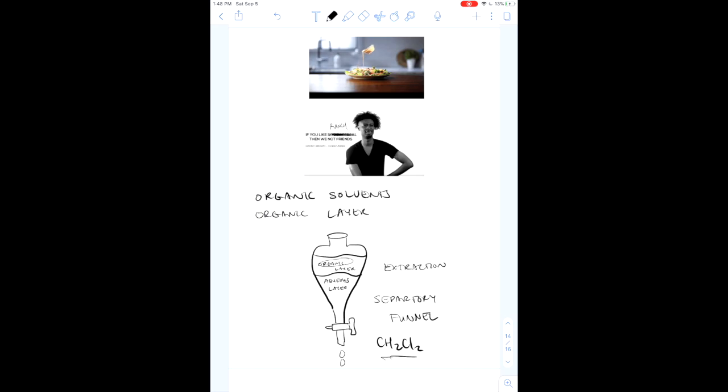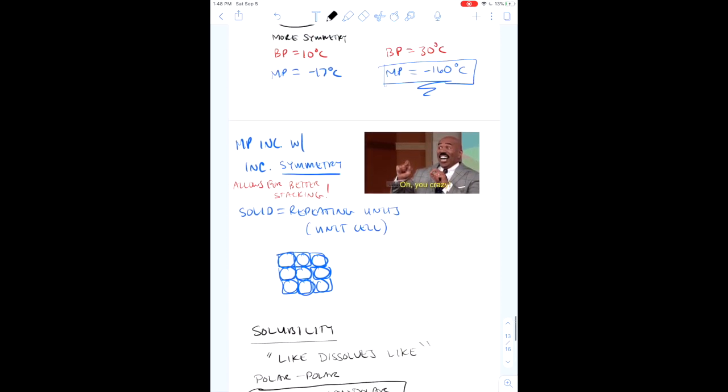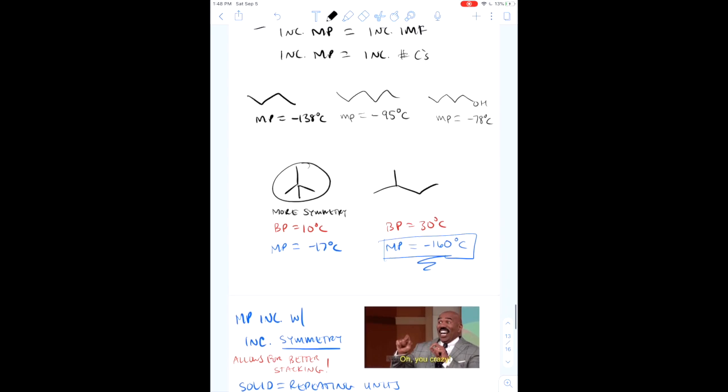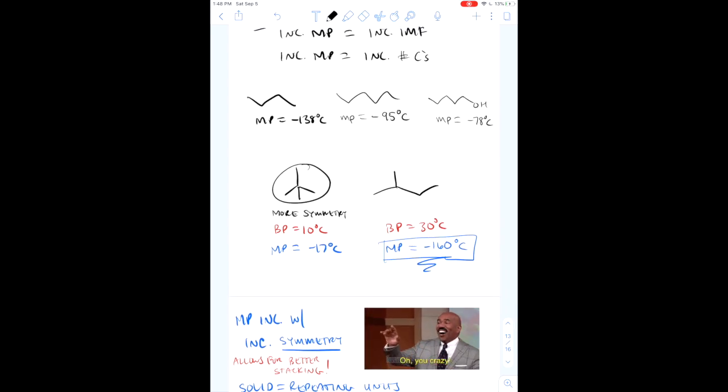Okay. And so that's pretty much it for alkanes. So remember, for the boiling point we want more carbons because we want more electrons to increase the intermolecular forces. And then we also want to have the least amount of branching, so that way we can have that higher boiling point. For melting point, it was the opposite.